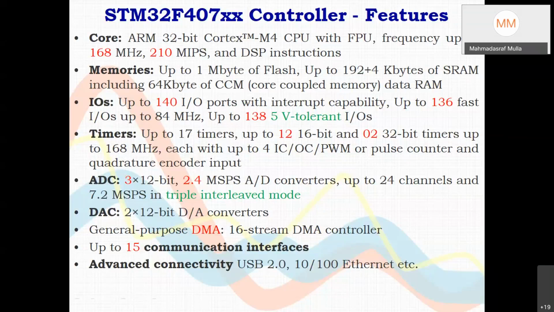And it is quite fast, 168 megahertz, 210 MIPS. MIPS stands for million instructions per second. 1 million is 10 lakh. So 2100 lakh instructions per second, or 21 crore in our language, it can execute in 1 second. It supports all DSP functions, so very rich. That's why we selected this microcontroller.